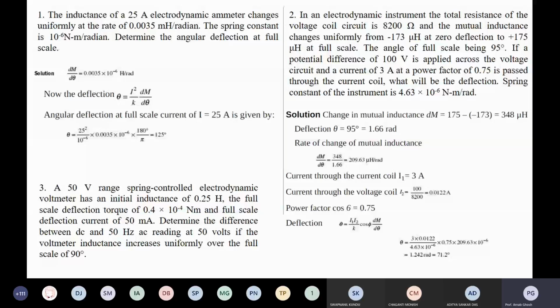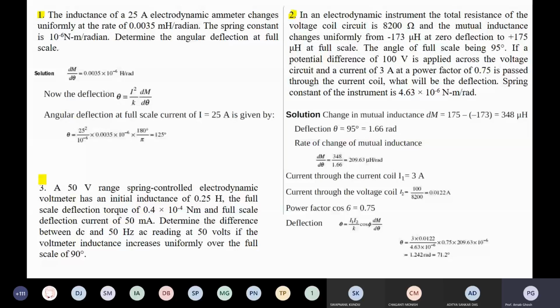What is the problem? The inductance of a 5 ampere electrodynamic ammeter changes uniformly at the rate of 0.0035 microhenry per radian. The spring constant is 10 to the power minus 6 newton meter per radian. Determine the angular deflection at full scale.